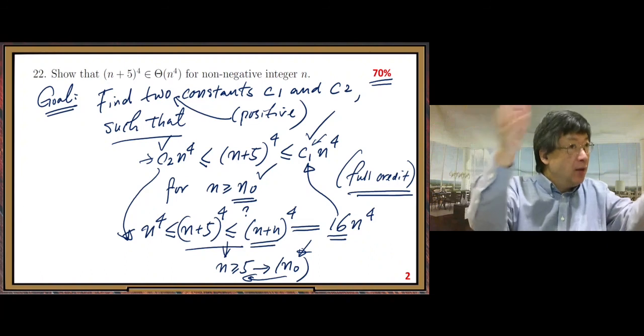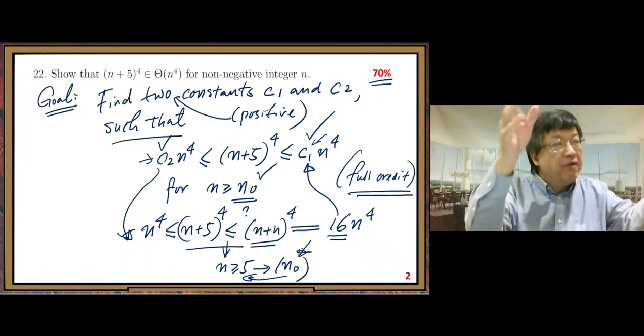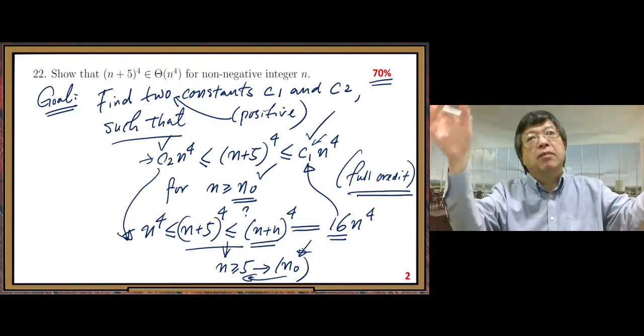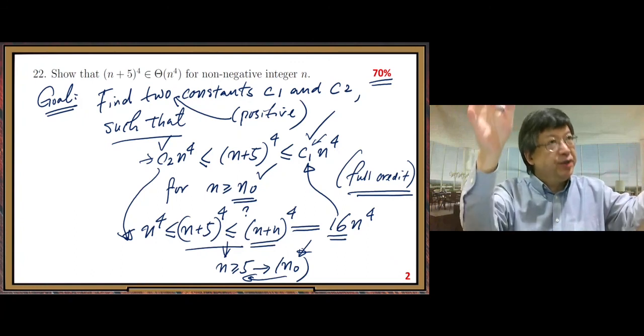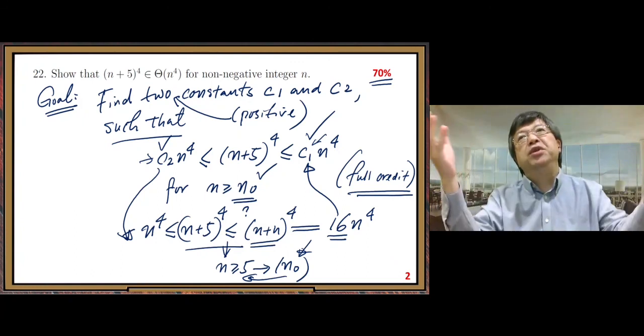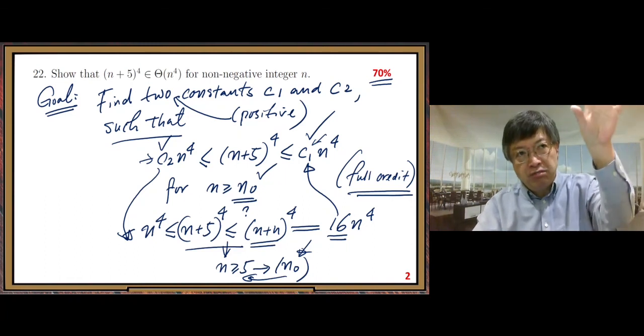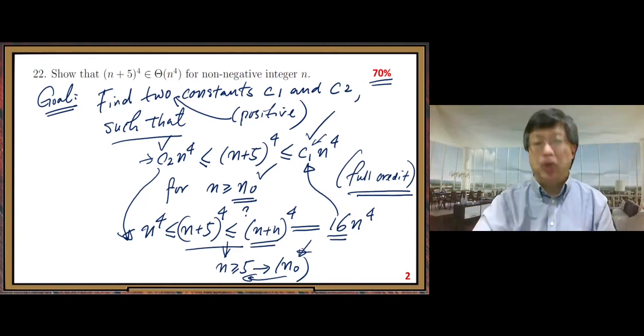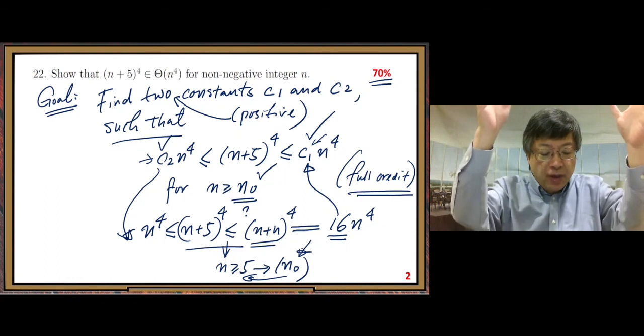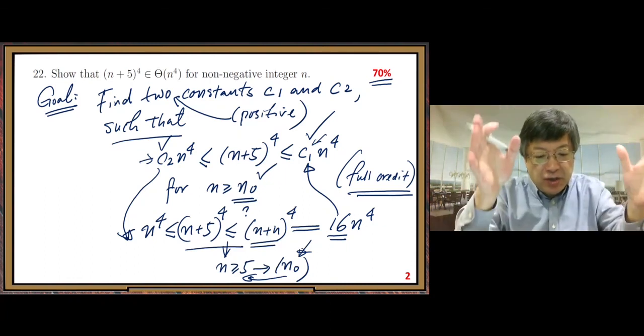It's okay, but you need to give me upper bound, lower bound, C1, C2, and n0. But you didn't, so in that kind of solution, I took 2 points off. All right, so let me finish 8.6 right here.